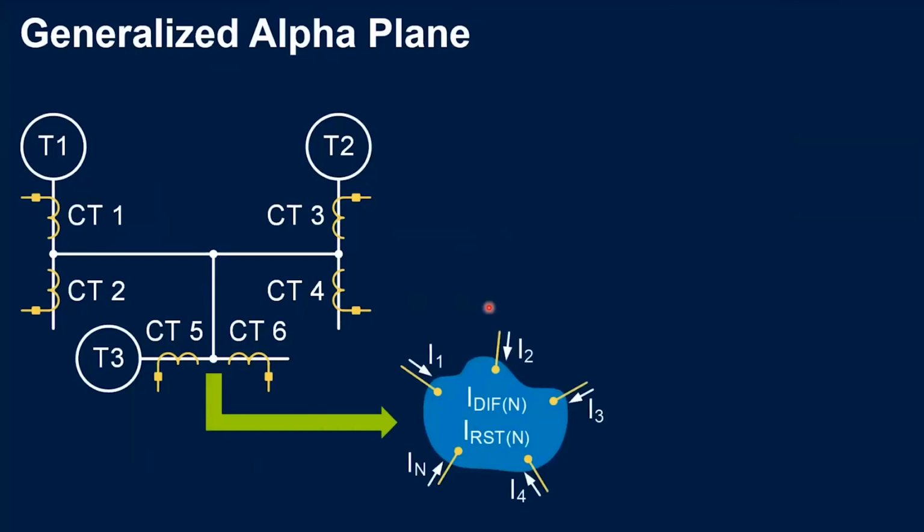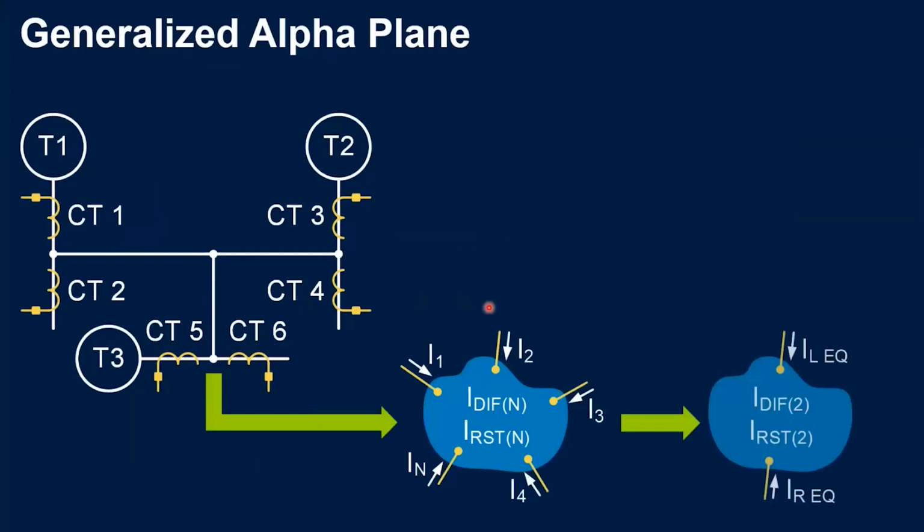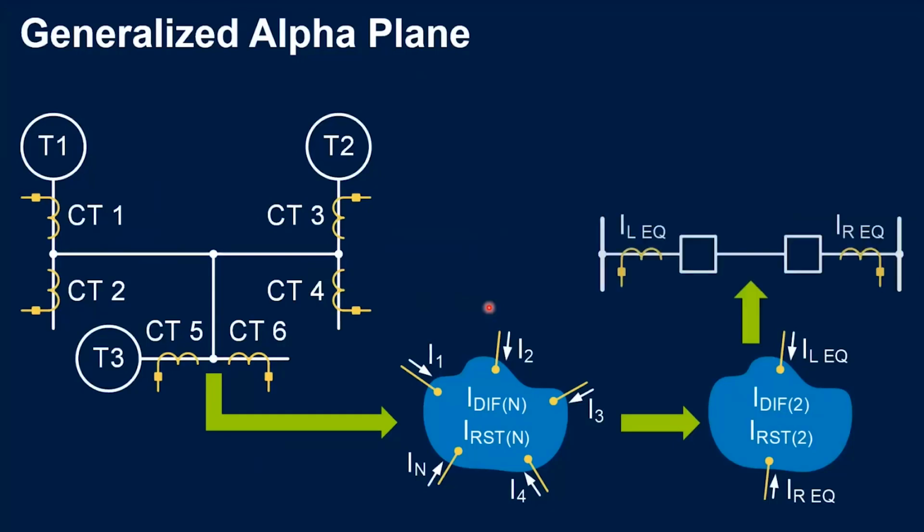So the first step is going to be calculating the differential and restraint current on all the protected zones, then calculating an equivalent local and remote current that yield the same differential and restraint current, which are the real measured differential and restraint current on the system. And with these equivalent local and remote currents, we can then implement the alpha plane. Right?